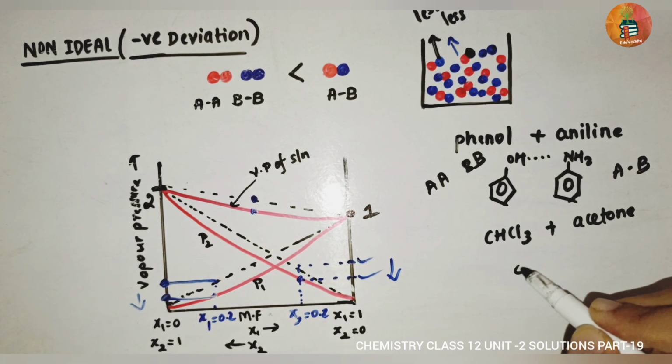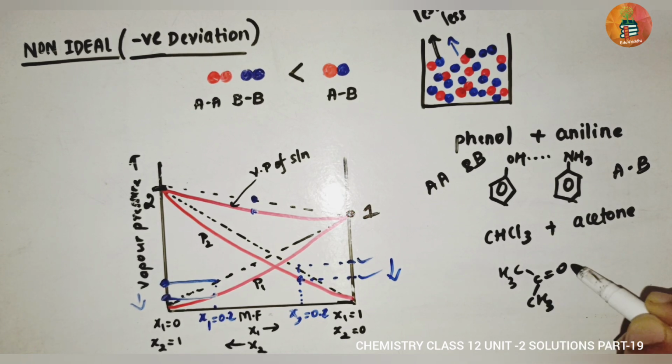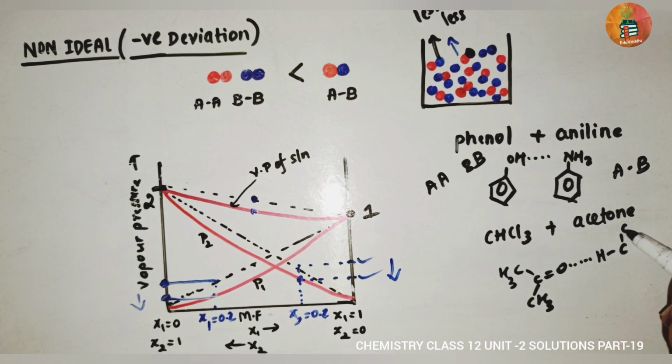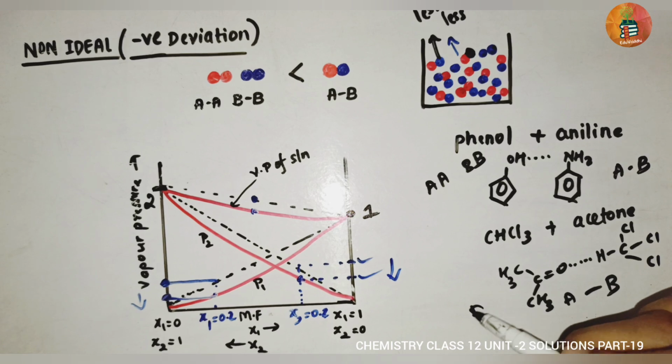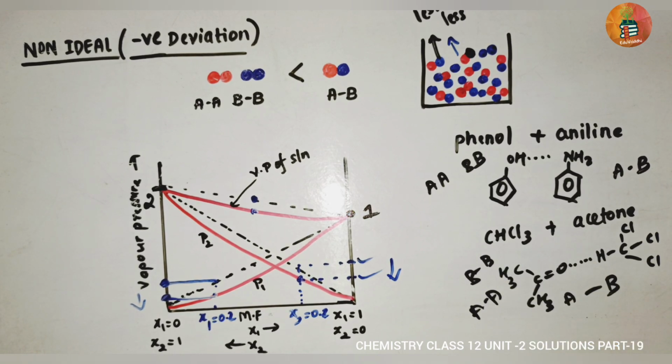So if this is acetone, it has oxygen, there will be intermolecular hydrogen bonding between the oxygen of acetone and the hydrogen of the chloroform, like this. So this AB interaction will be dominant when compared to AA or BB. That is, there will be interaction between each component separately with themselves, but also there will be dominant interaction between A and B.